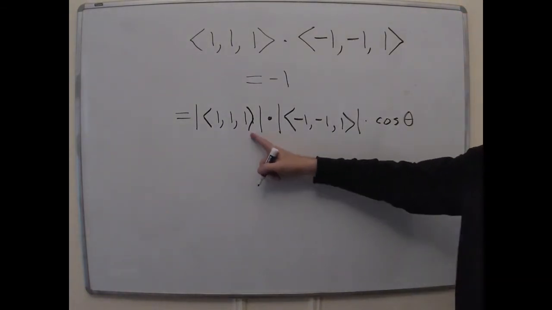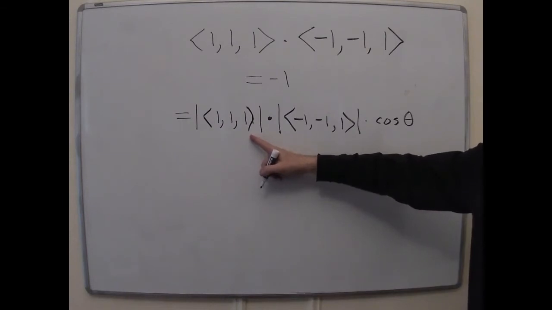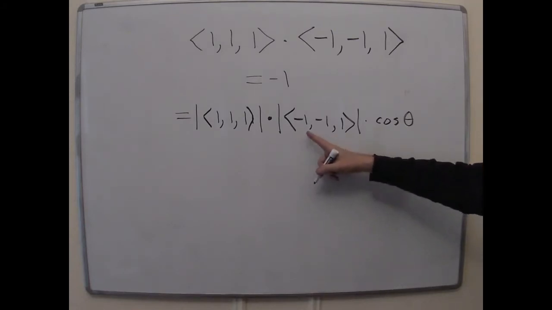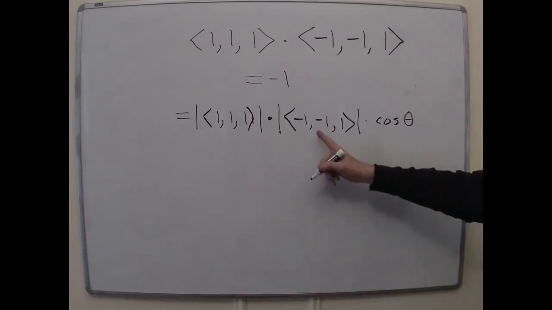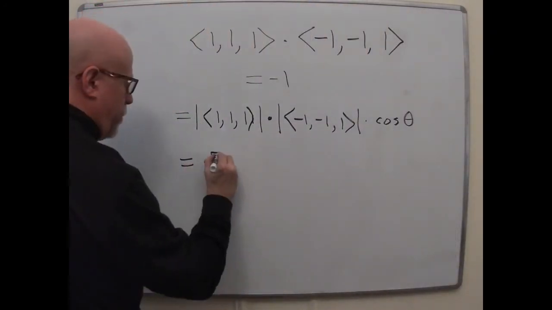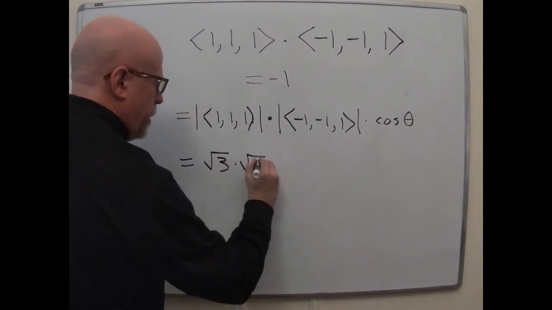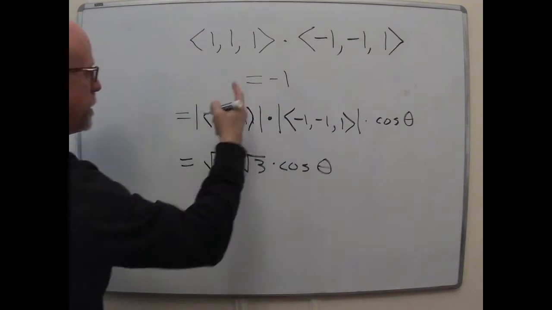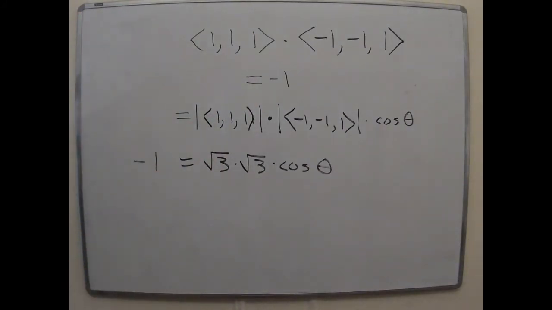Now, what is the length of this? It's the square root of 1 squared plus 1 squared plus 1 squared. It's root 3. And this, because you're squaring and then adding, these minus signs really have no effect. That's also root 3. So what we got there is root 3 times root 3 times the cosine of theta. Well, what did I say that was? That was minus 1.